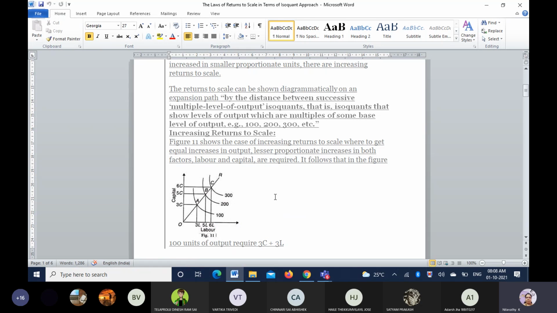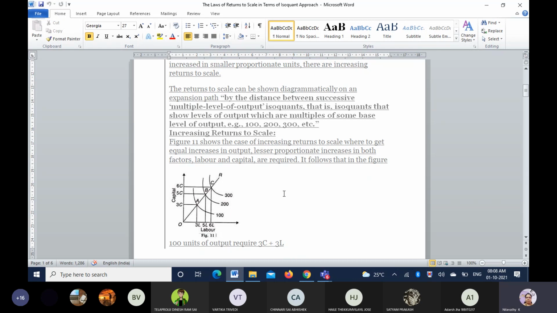Generally, the law of returns to scale was a traditional approach. That's why there we saw labor and land as inputs. But this usage of isoquant is a modern approach to the law of returns to scale. That's why here capital and labor are used.